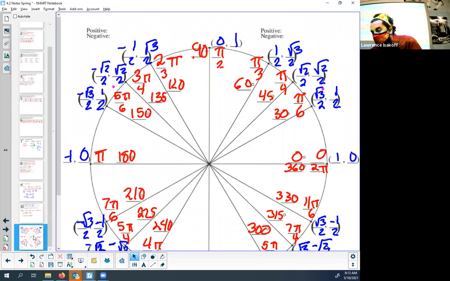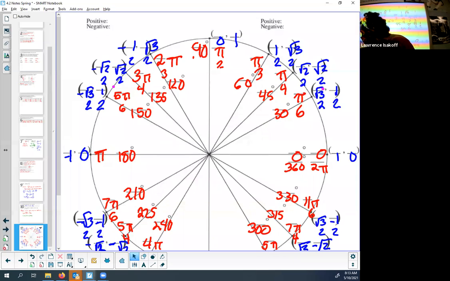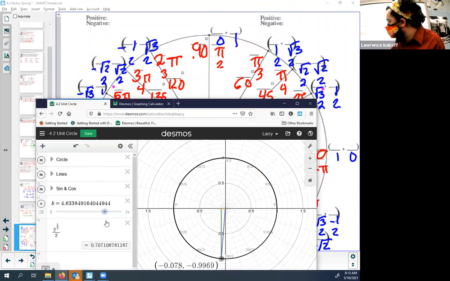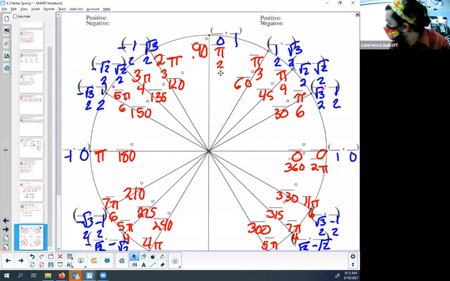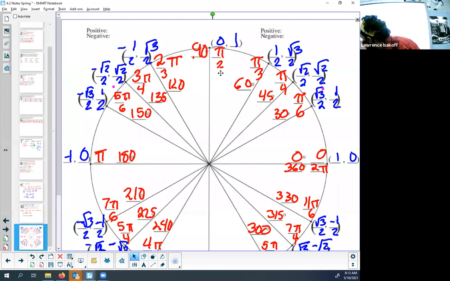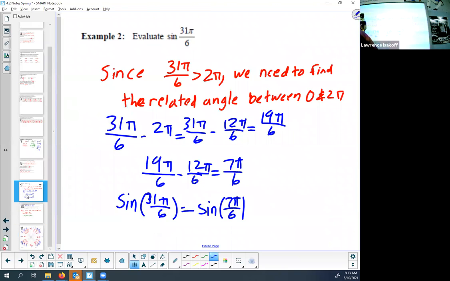At 7 pi over 6, my y value is -1/2, down here. So that's what my sine value is. That's just -1/2.